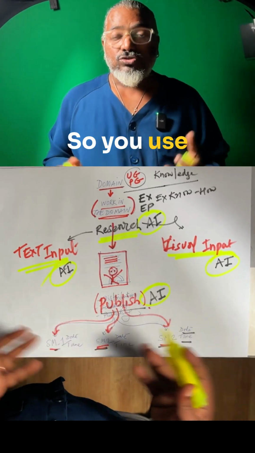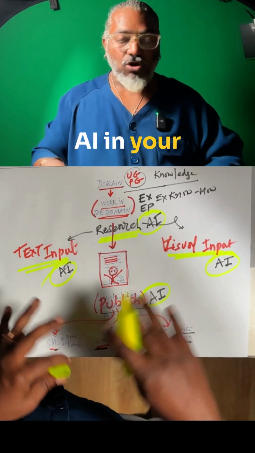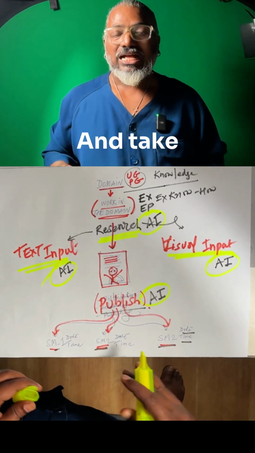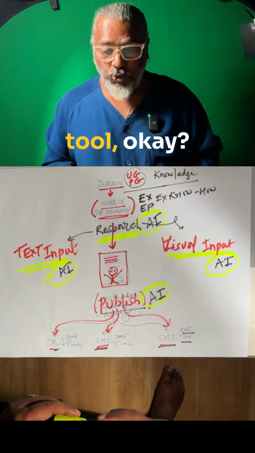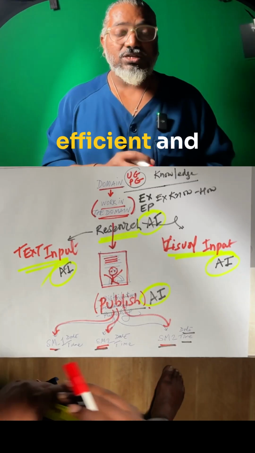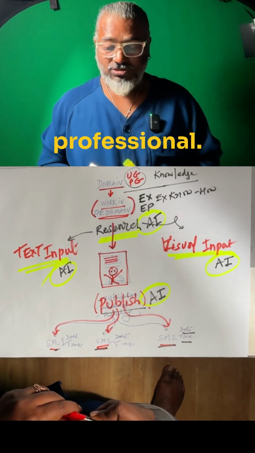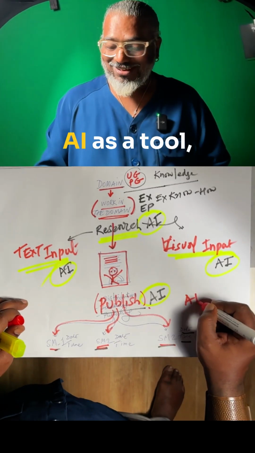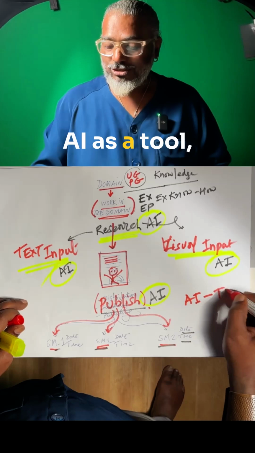So you use AI in your workflow and take advantage of that tool, and make your work efficient and much more professional. So here I use AI as a tool.